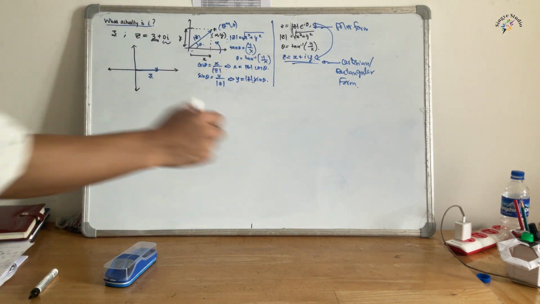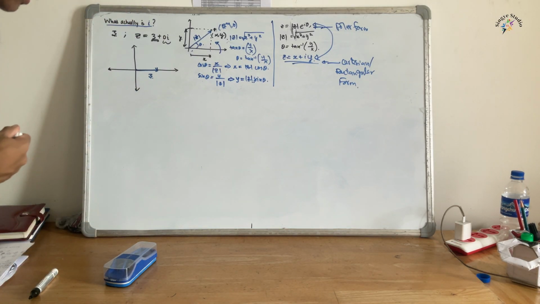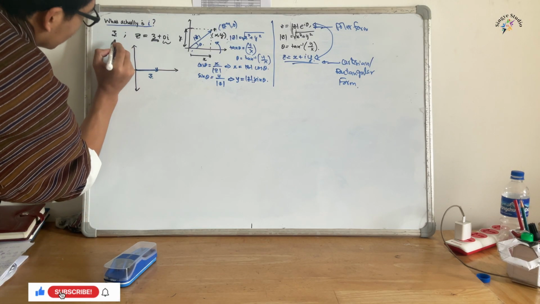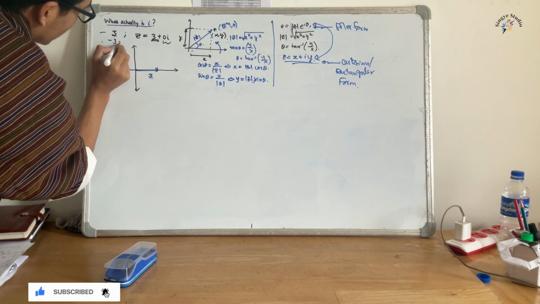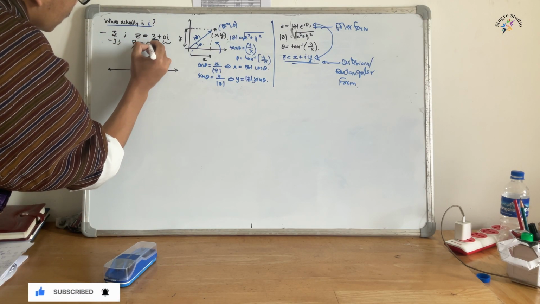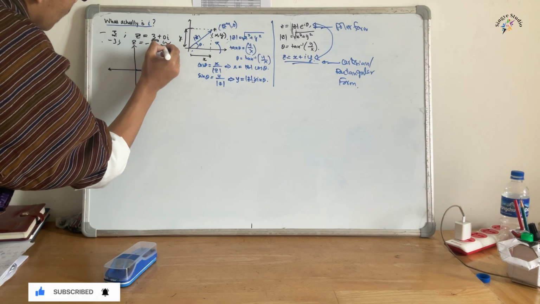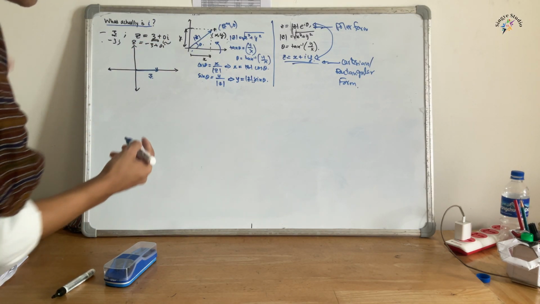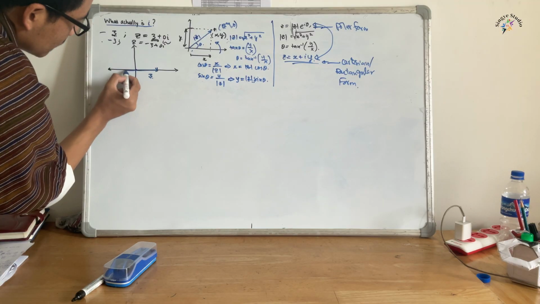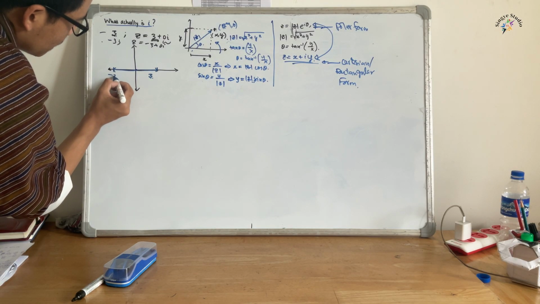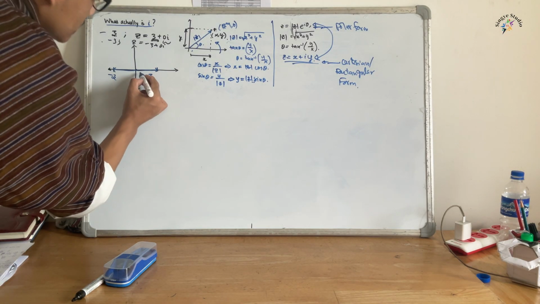Okay. And if you see carefully, if I write minus 3, then z equals minus 3 plus 0i, which means that it is just this side, and it is minus 3, and this is the origin.